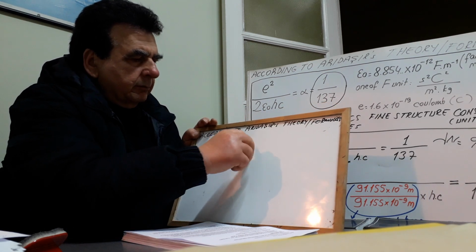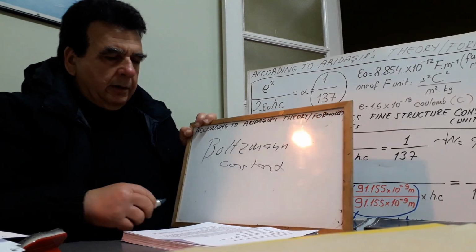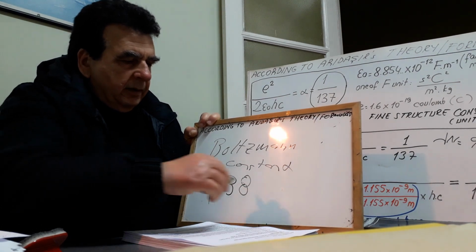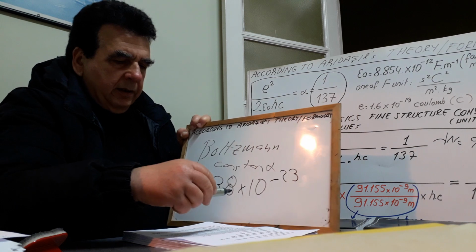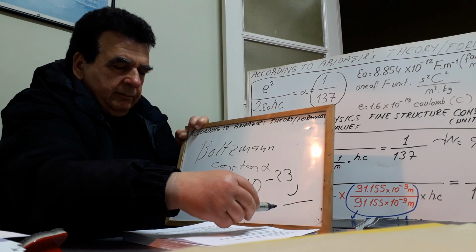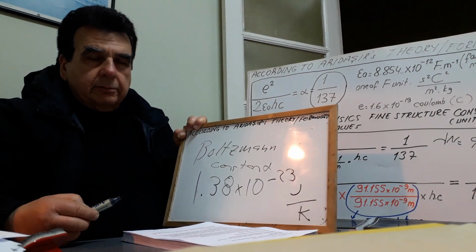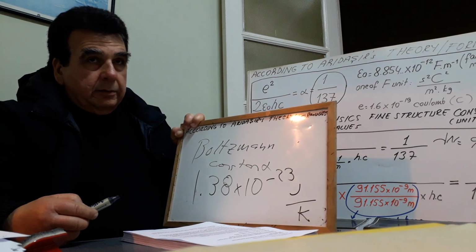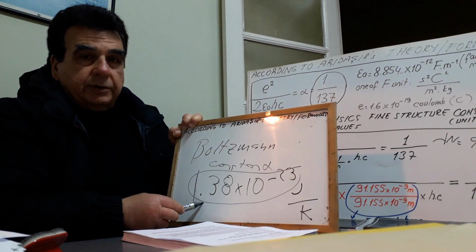Boltzmann constant. 1.36 10 to the minus 23 joule divided by Kelvin. At 1 Kelvin, this is the number.